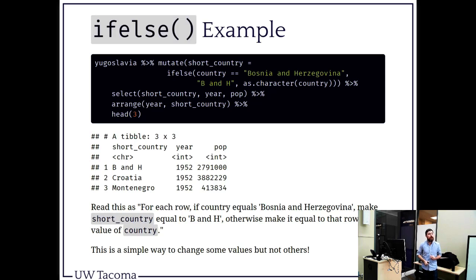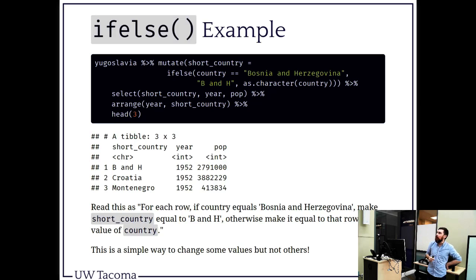I'm just going to create short country because I don't like saying Bosnia and Herzegovina every single time I see it. I want to say B and H because I am lazy. So we're going to say short country is equal to the result of this if-else statement. If-else is going to say if country is equal to Bosnia-Herzegovina, return B and H. If it is not, so if it is a false, just return country.